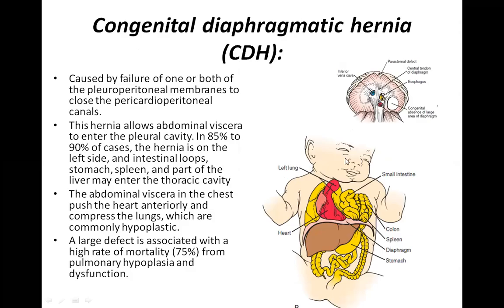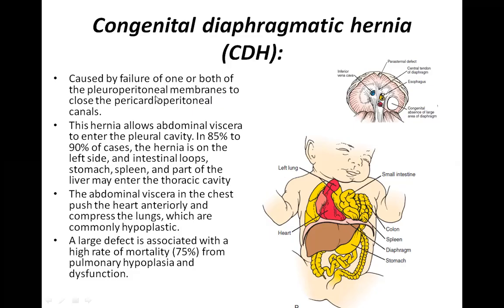It is caused by failure of one or both of the pleuroperitoneal membranes to close the pericardio-peritoneal canal. You must be confused because sometimes it is called the pericardio-peritoneal canal, sometimes the pleuroperitoneal canal. Actually it was the pericardio-peritoneal canal, but because the pleural cavity developed, the opening of the pericardio-peritoneal canal towards the peritoneum was also called the pleuroperitoneal opening. That pleuroperitoneal opening was closed by the pleuroperitoneal membrane.